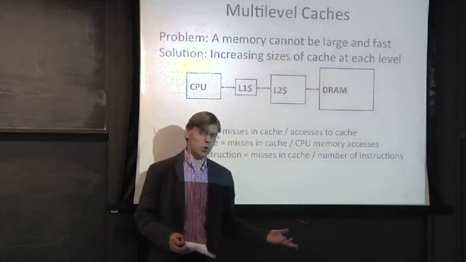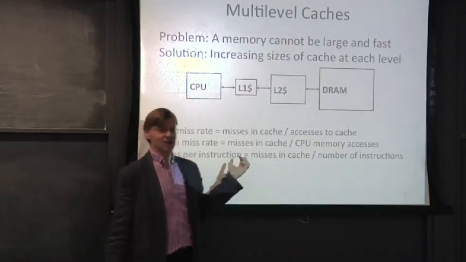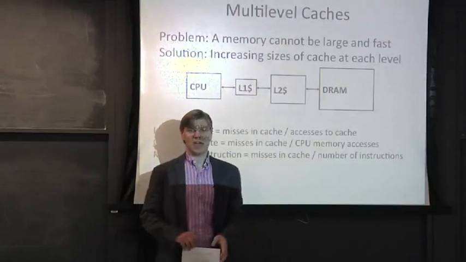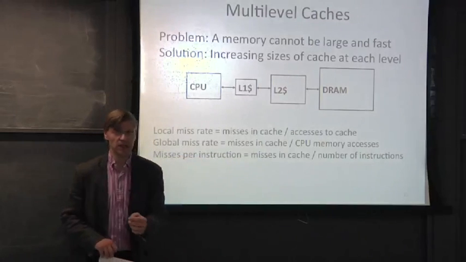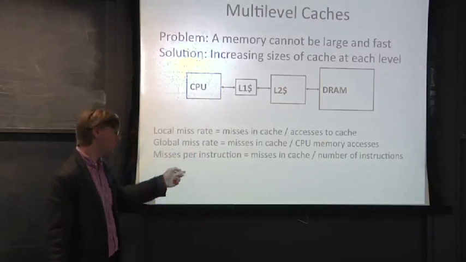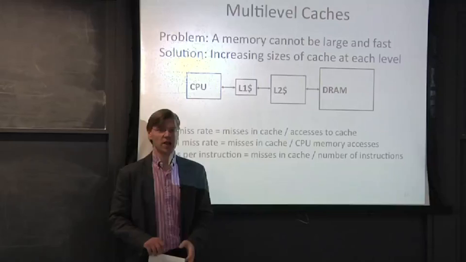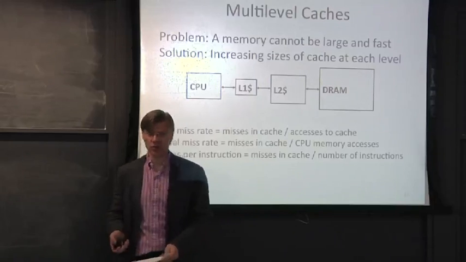Then you can make some notion here about how the cache is performing on aggregate. And you'll see actually a lot of the numbers in the Patterson-Hennessy book use misses per 1,000 instructions, which is typically a more useful metric.